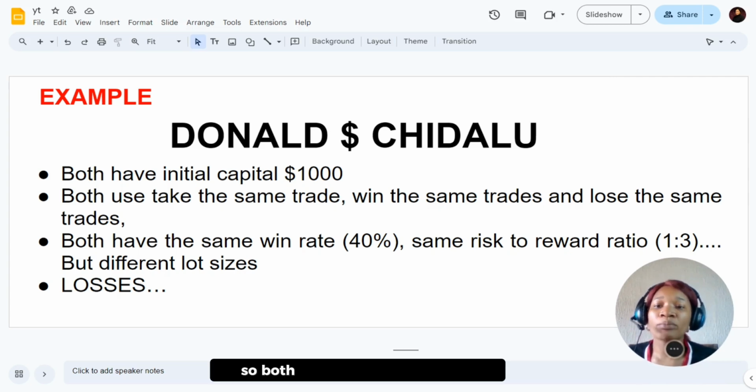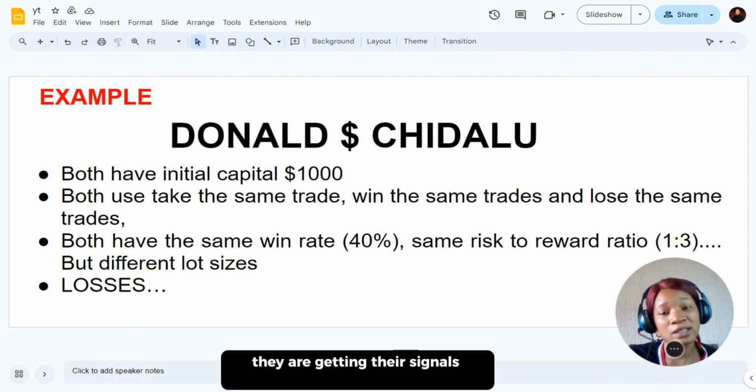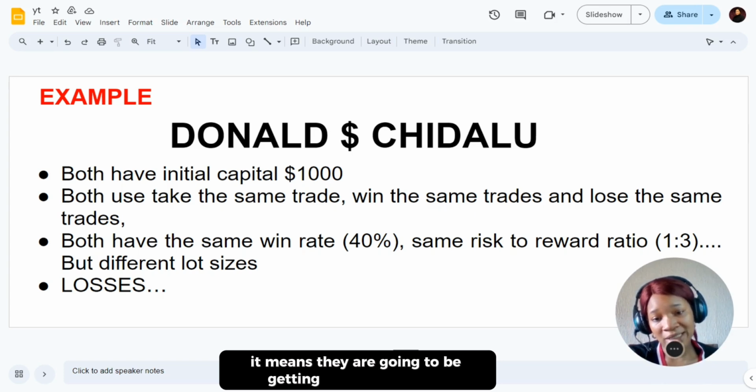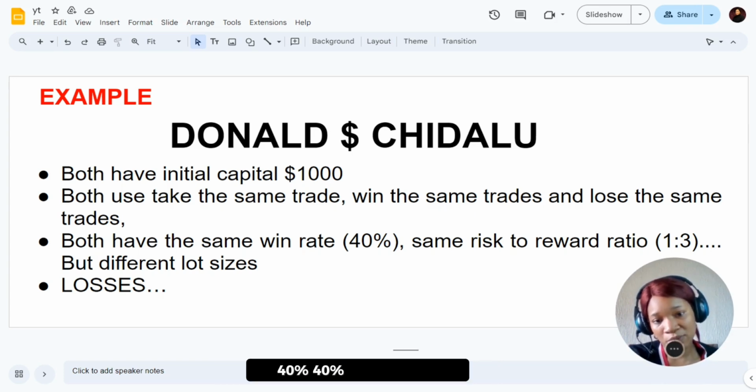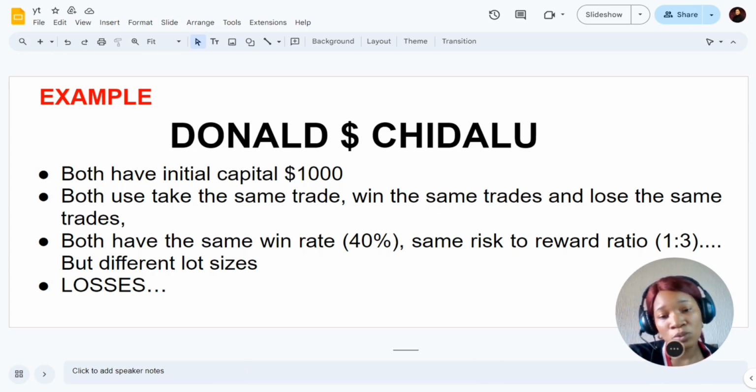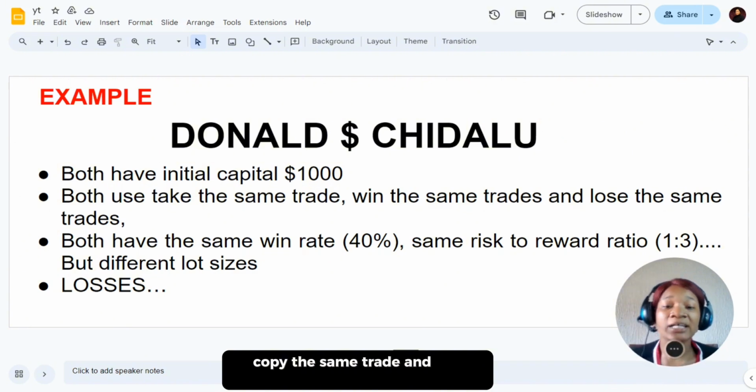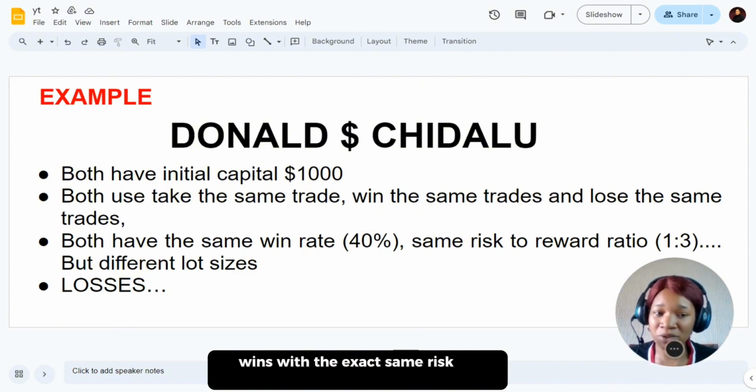So both have the same win rate, which means since they are getting their signals from the same program, they are going to be getting the exact same thing, 40%, 40%. So they both copied the same trade, and they're going to make 4 wins with the exact same risk to reward.